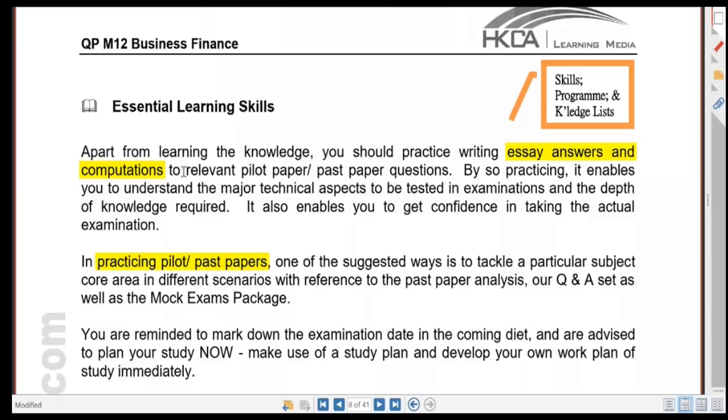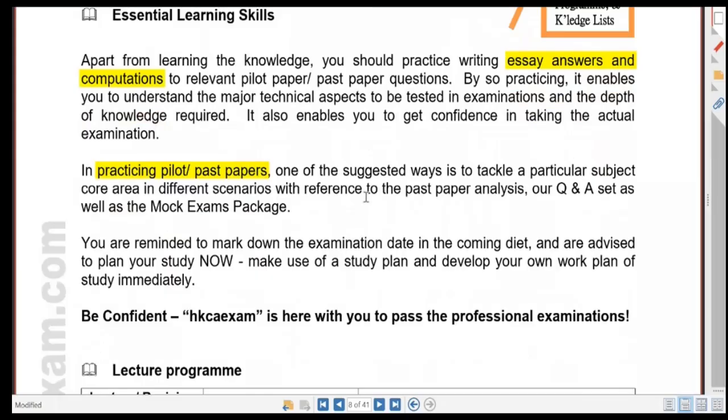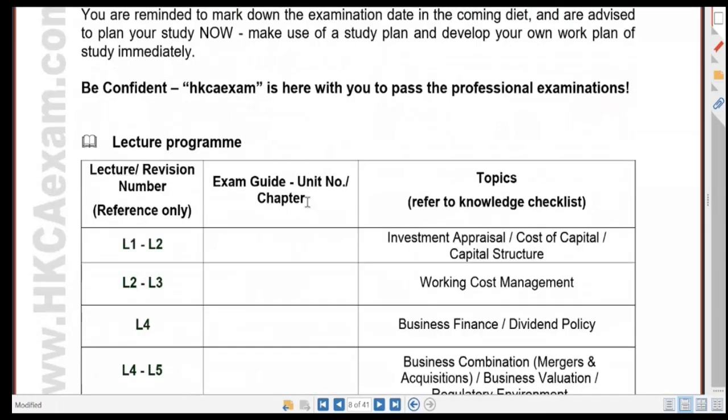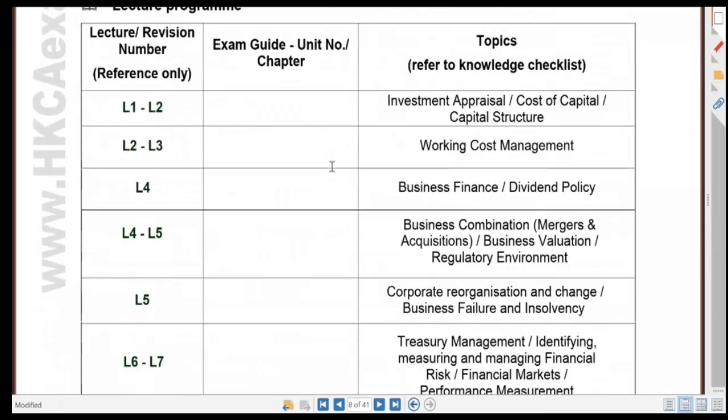So I will go through the methods and format systematically to help you speed up in the exam. For the knowledge, I'll go through some illustrations, and when you come to revision, it's best that you are able to write it down. My lecture sequence roughly will be like this. Like I said, it is 7 lectures.